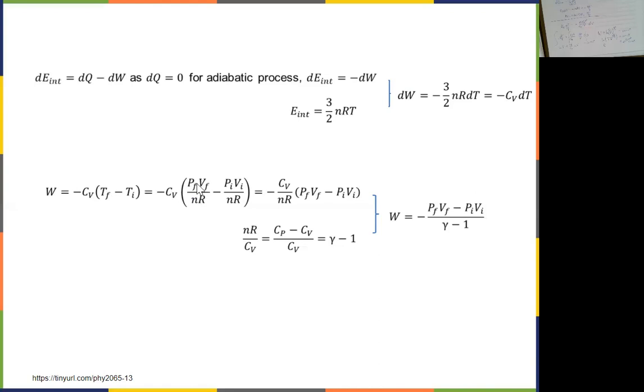TF will be PF VF over nR, and TI will be PI VI over nR. So that will be equal to minus Cv over nR, because you have nR on both terms inside the parentheses, so Cv over nR times PF VF minus PI VI.